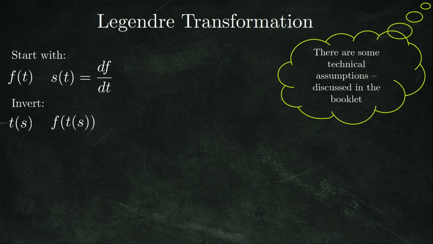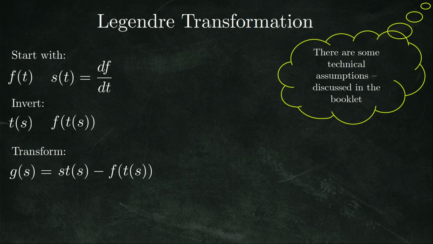And then once we've inverted the function, we have our Legendre transform, which will be a new function, g of s, and this is just equal to s times t minus f. And we've substituted in everywhere, every t in terms of t of s. So if we write this whole thing out, it will just be in terms of s's. There'll be no t's anywhere.